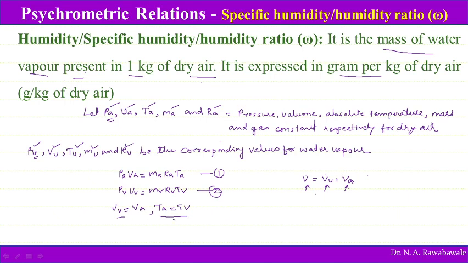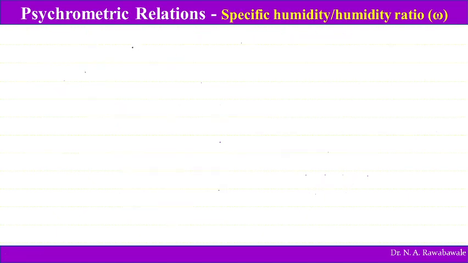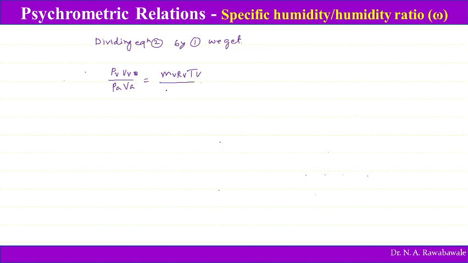Then writing this equation, dividing equation number 2 by equation 1, we get PV into VV divided by PA into VA, which is equal to MV RV TV divided by MA RA TA.